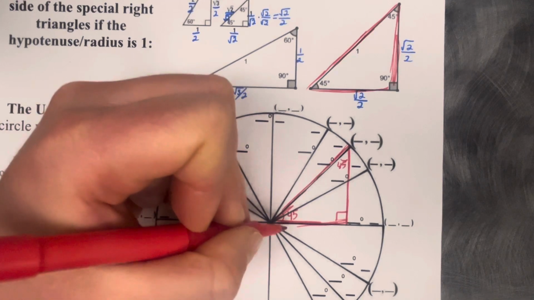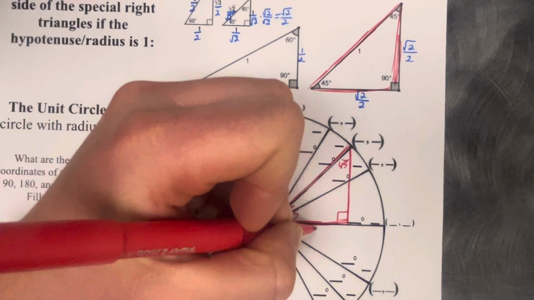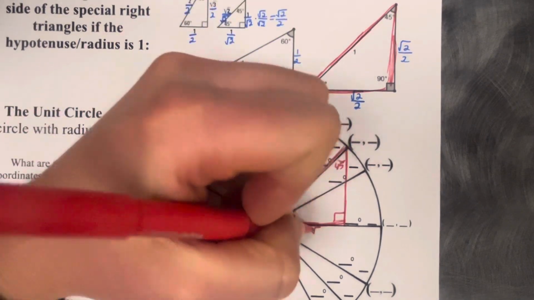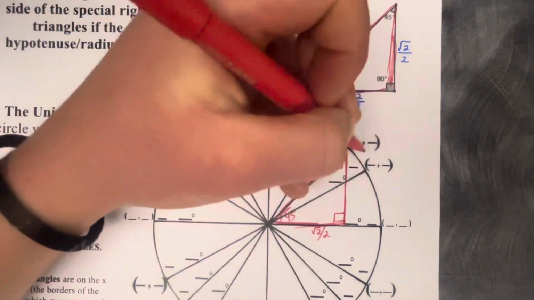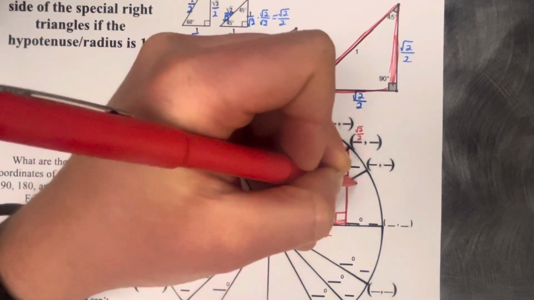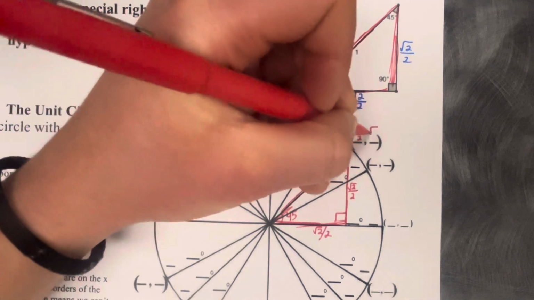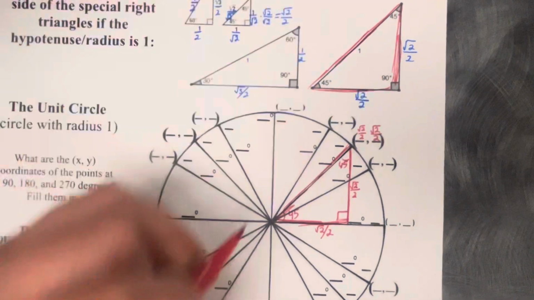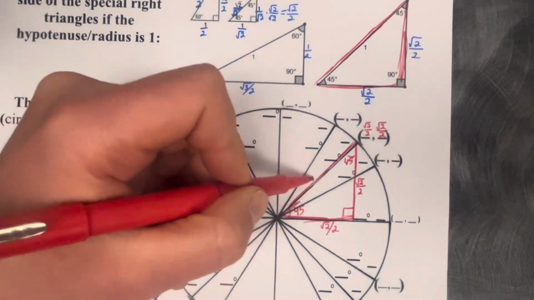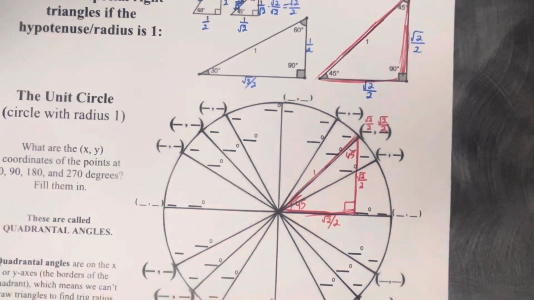It's made by the x-axis and the terminal side. So we're going to put in our x value, which is this root 2 over 2, right here. And our y value is the vertical distance, this leg, root 2 over 2. And then our hypotenuse is always 1 in the unit circle because this unit circle has a radius of 1.